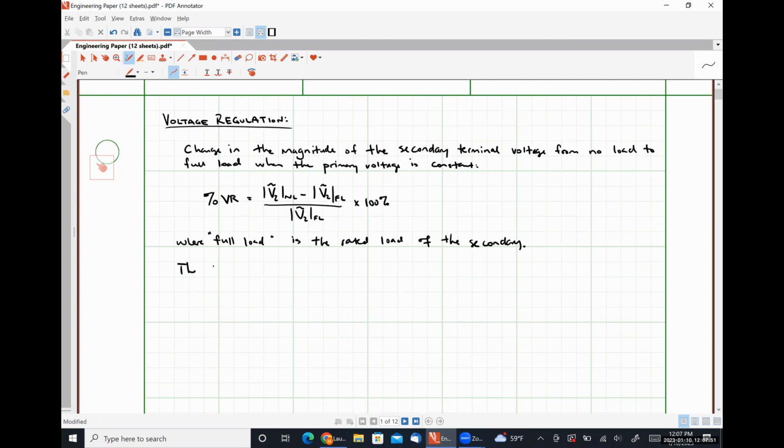The term V2 no load is the same as the magnitude of the voltage at the primary V1 divided by our turns ratio A, with all parameters referred to the secondary of the transformer.